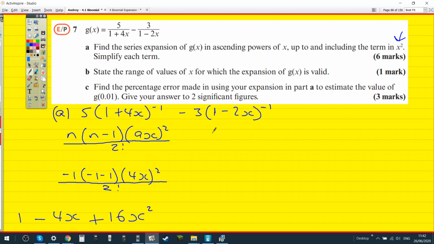How about the second one? Let's just fully expand the second one. It doesn't take too long, up to x squared.